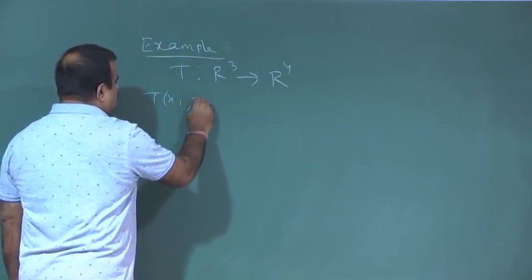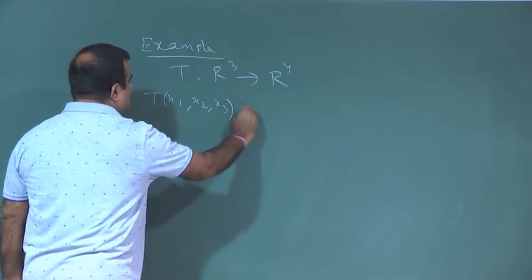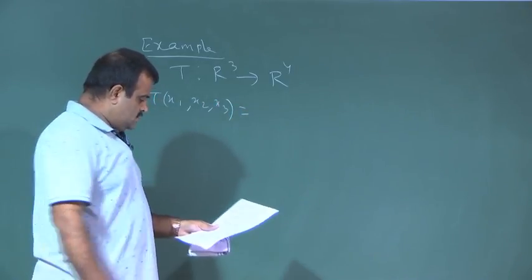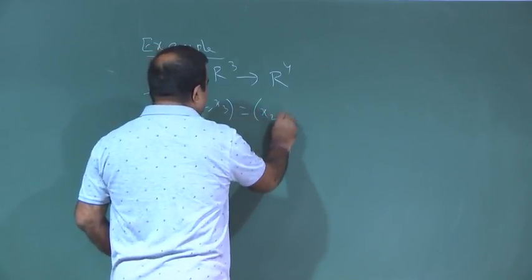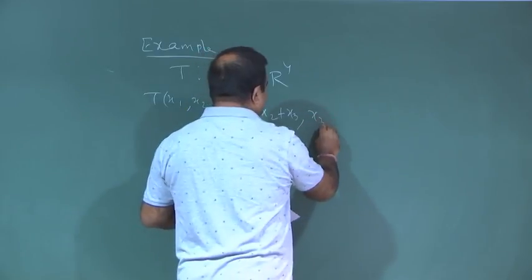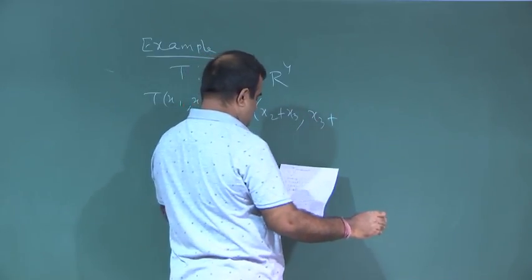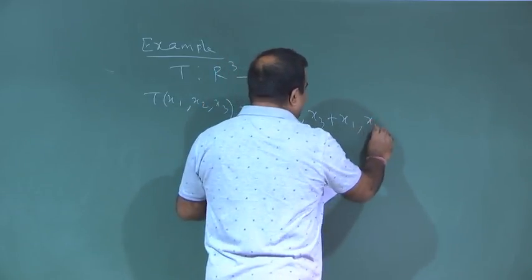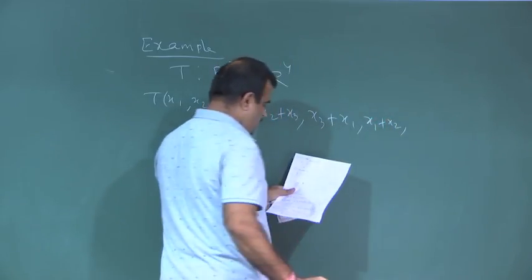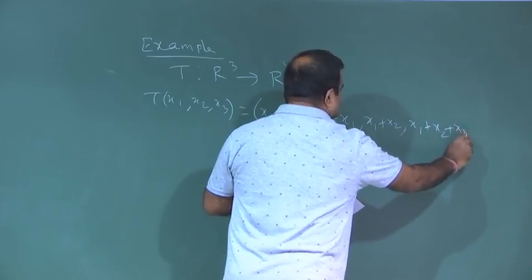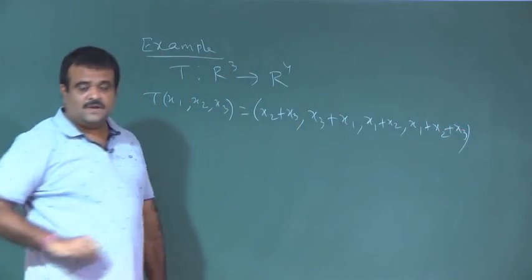T of x1, x2, x3 is x2 plus x3, comma, x3 plus x1, comma, x1 plus x2, comma, x1 plus x2 plus x3. So, this is 4 dimensional.